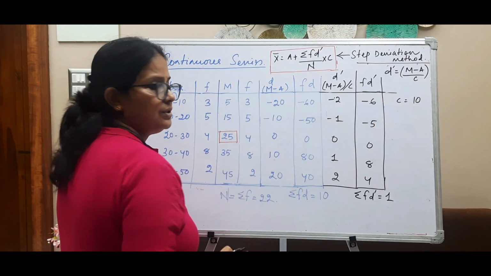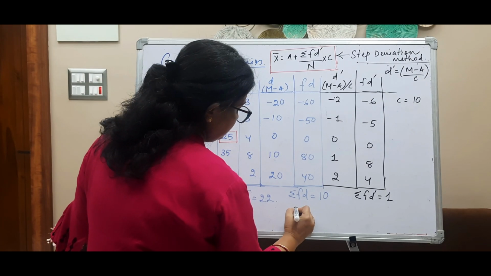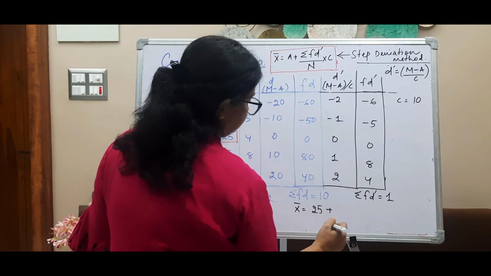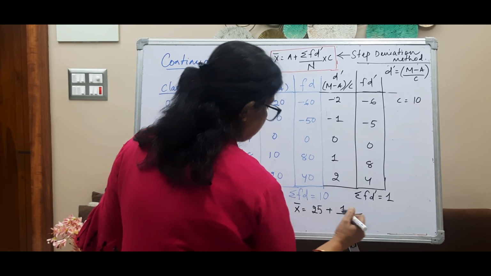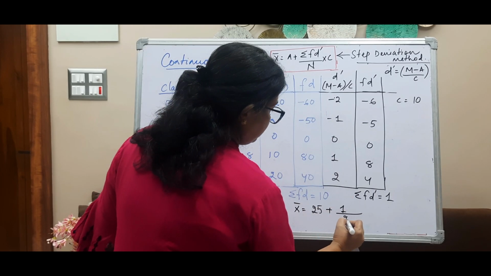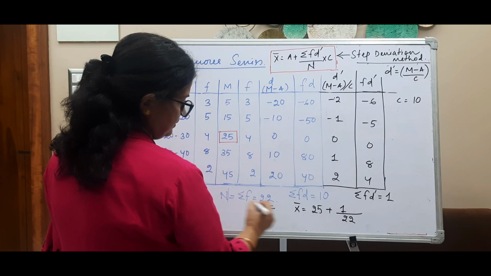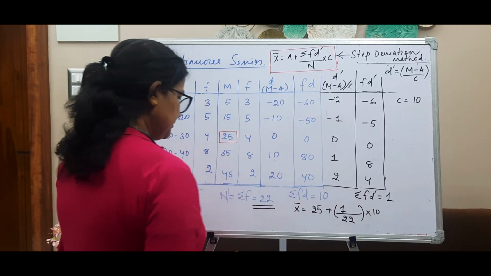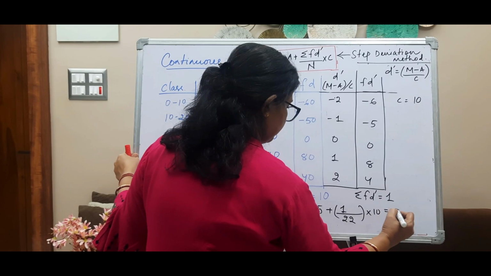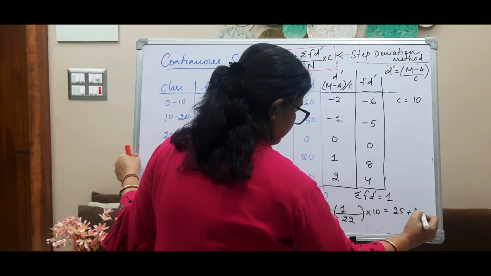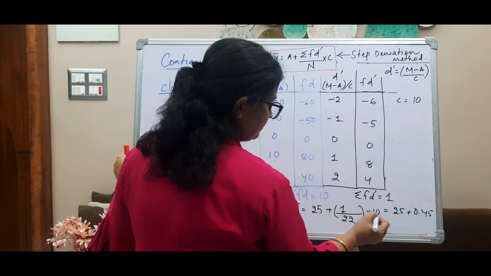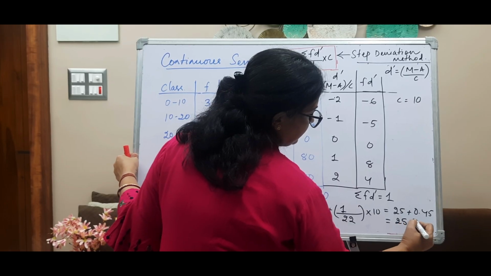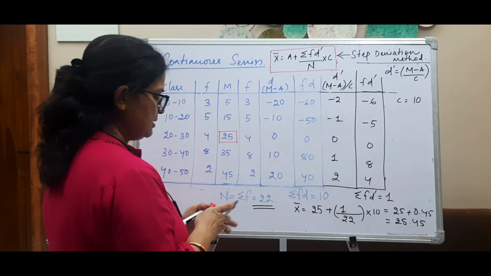So put all the values in the formula. x bar equal to 25 plus 1 divided by n, which is 22 here, into 10. So you get 25 plus 0.45, which is equal to 25.45, which is our answer.